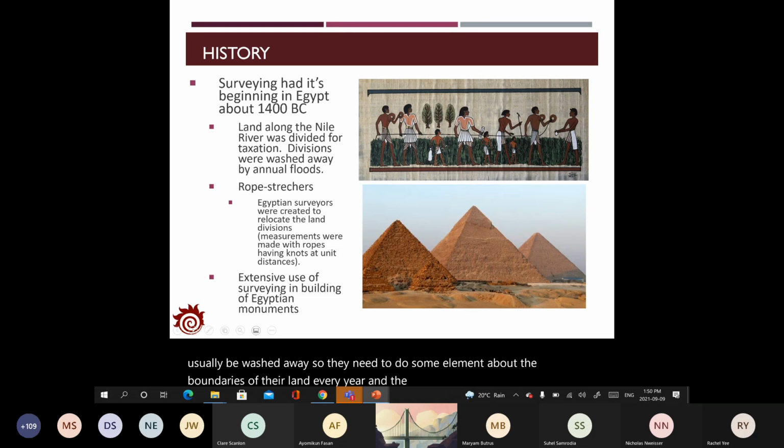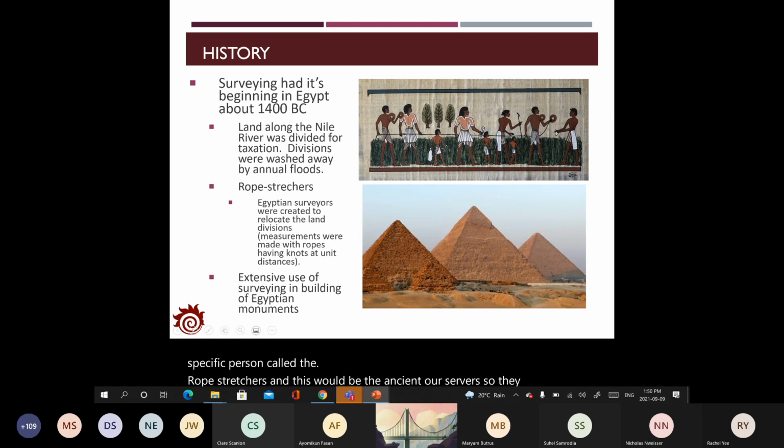So they needed to measure the boundaries of the land every year, and the way for them to divide the land was using ropes. They had specific people called rope stretchers, who were the ancient surveyors.